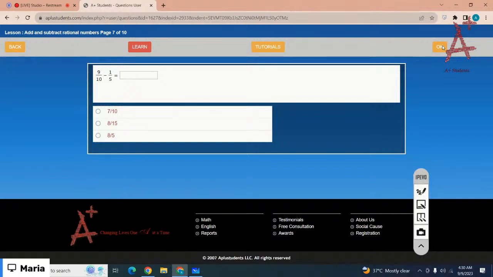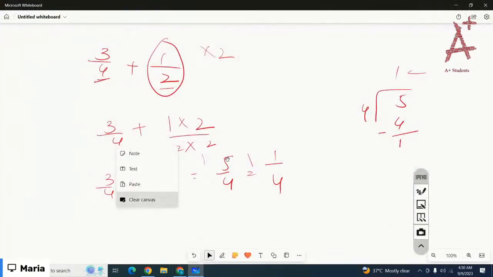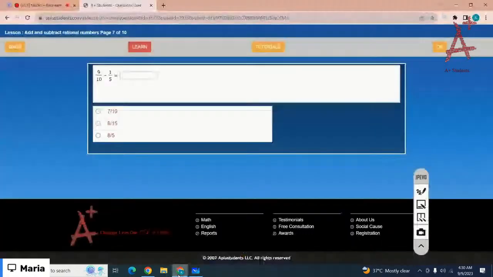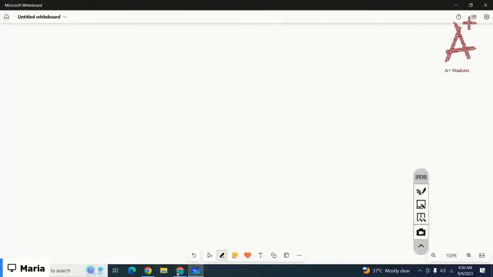So how do we make their denominators the same? 9 over 10 minus 1 over 5. Let's just do it on the board.